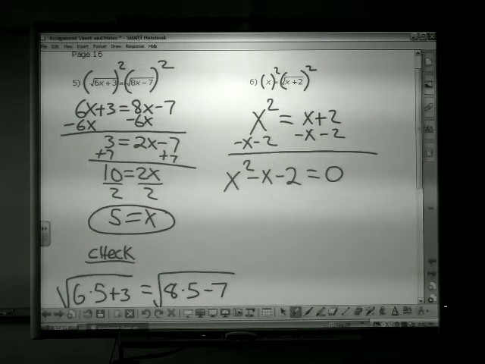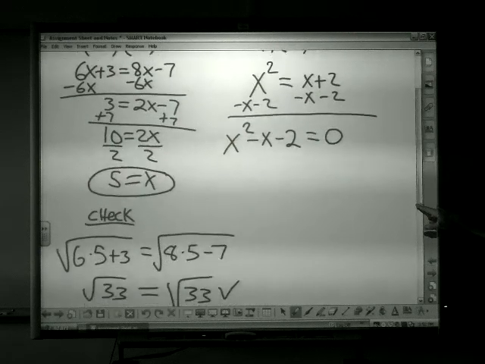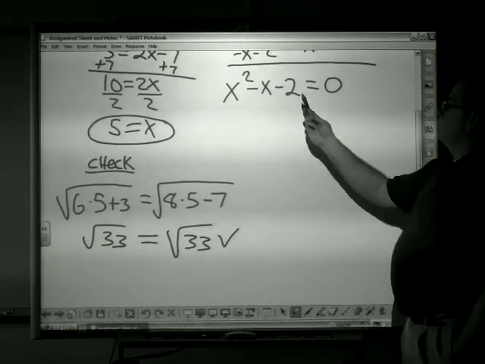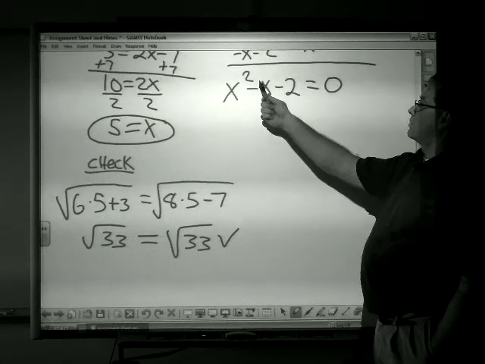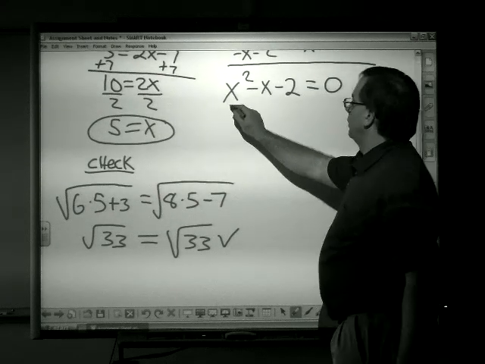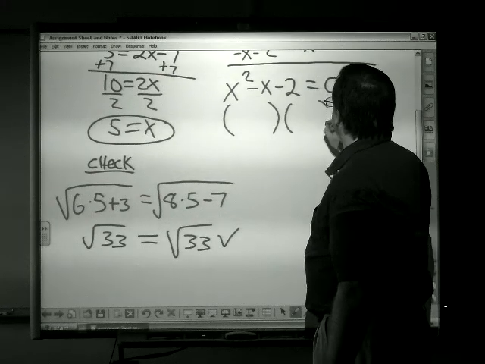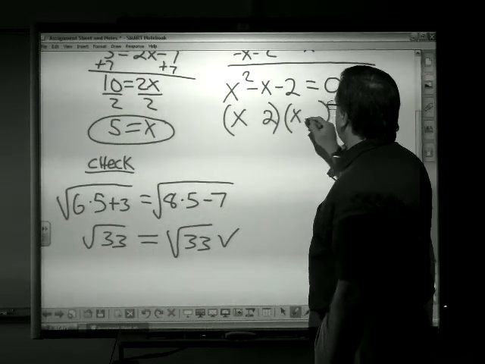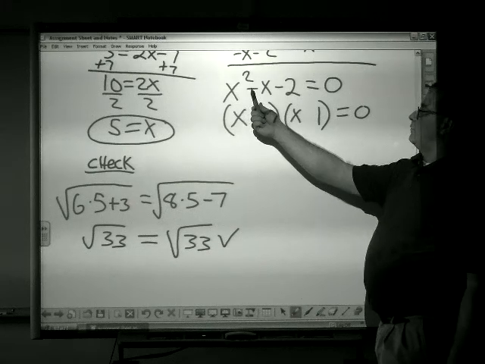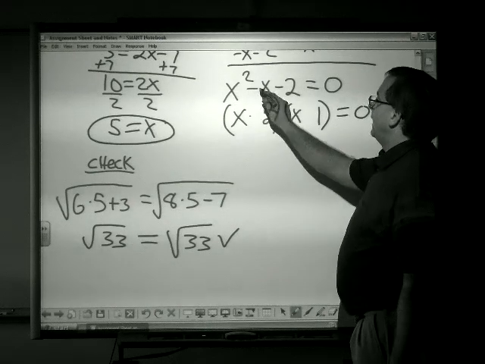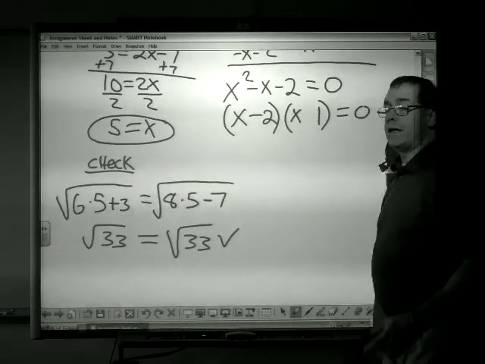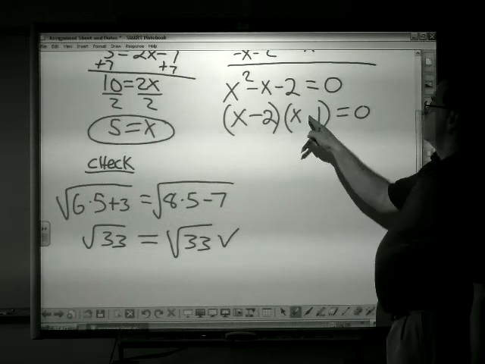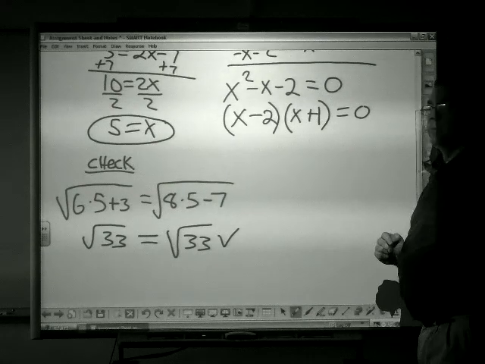Okay? Now I have to try to factor this. So I want factors of 2 with a difference of 1. That's 2 and 1. So x and x, 2 and 1. I need a negative 1 after I combine them. So I need a negative on the 2 and a positive on the 1.